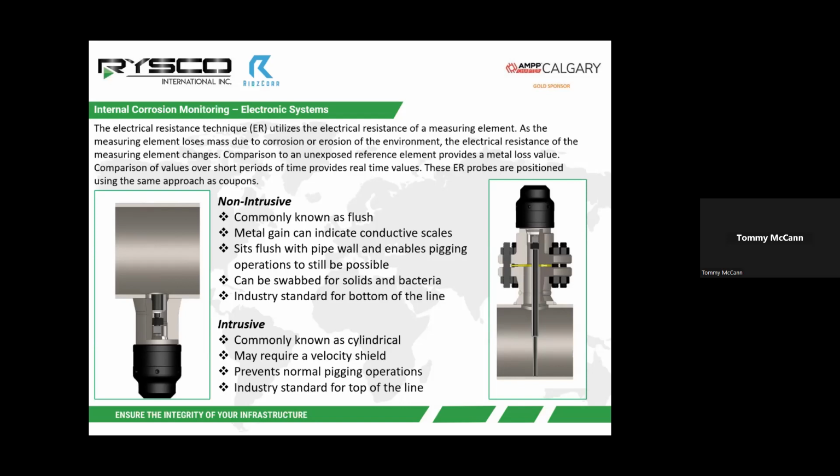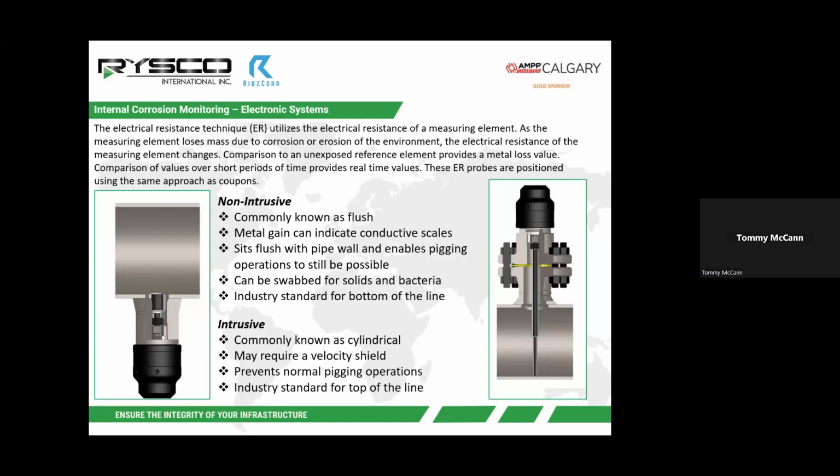They will give you much more rapid data density than a coupon, but there is significantly more complexity in interpreting the data. Again, like a coupon, you have a non-intrusive and intrusive type. The flush is the non-intrusive type of probe.